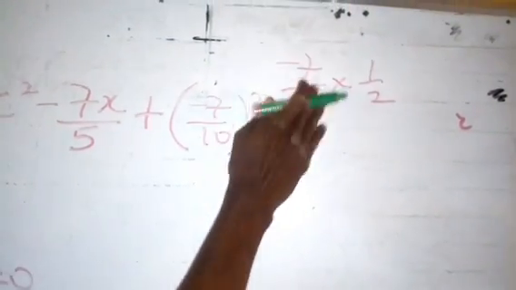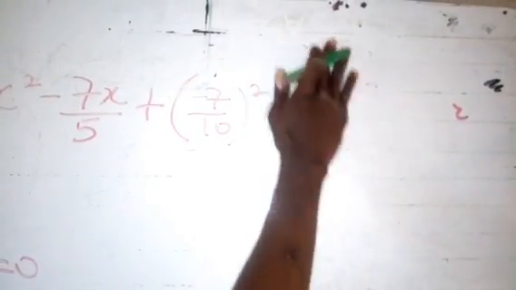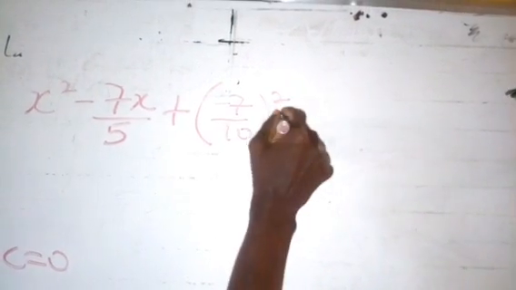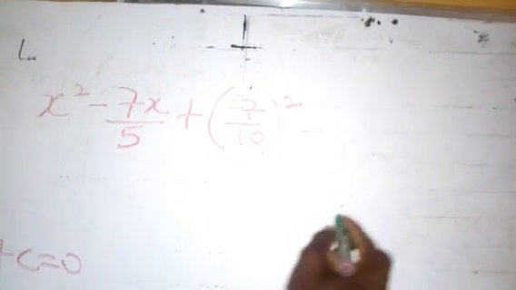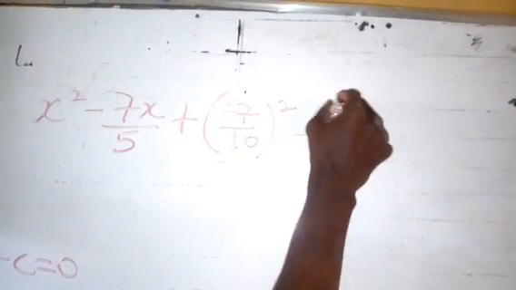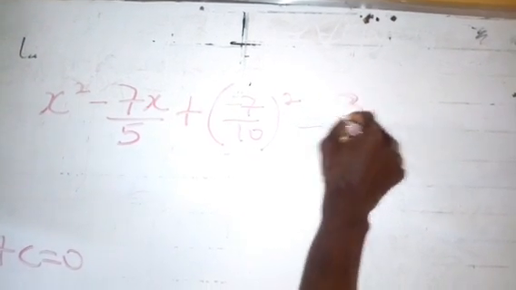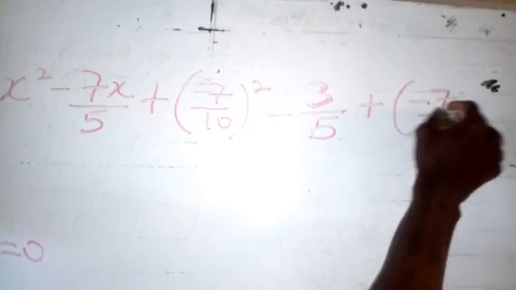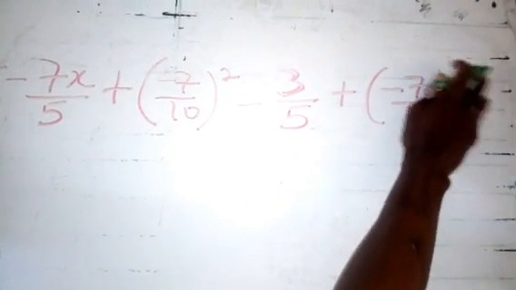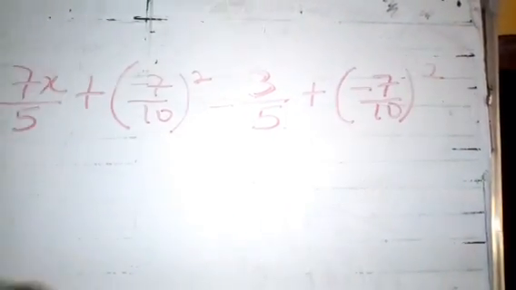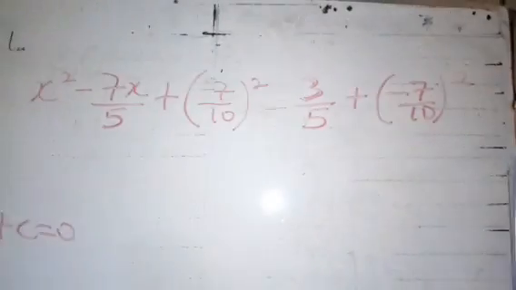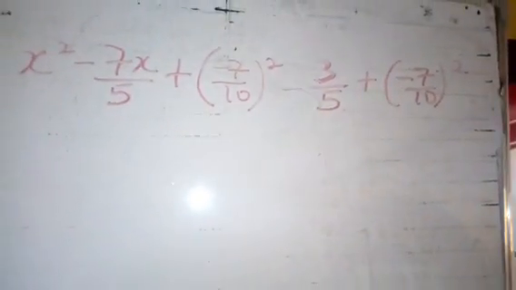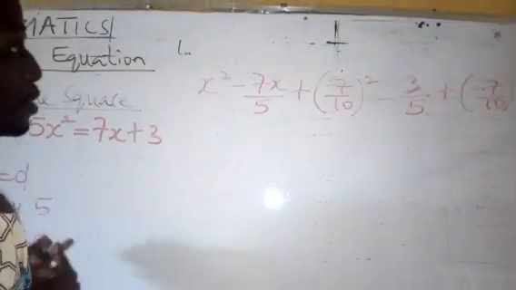Then you square it because we have to add the square of the half of the coefficient of x to both sides. And we have 3 over 5 plus minus 7 over 10 squared. Viewers at home, it is very simple. I hope you are following me.